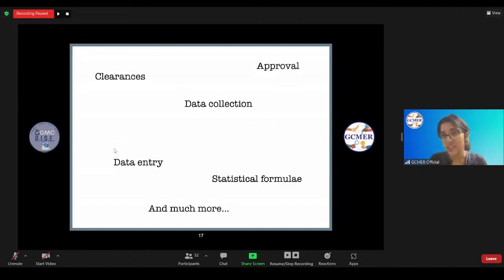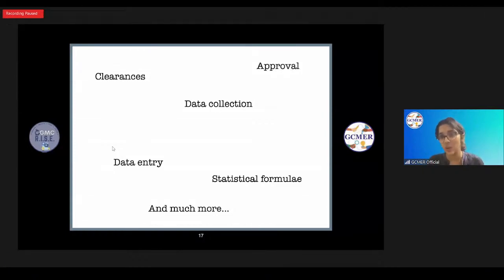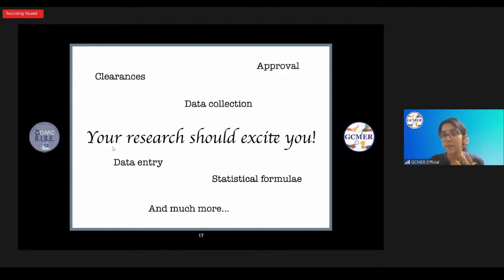Because this is boring stuff, and I'm going to admit that. I'm not always excited about my research, but I have to make sure that I am enthusiastic about my research, right? Because if I'm not enthusiastic about my research, I'm not going to give it my all.